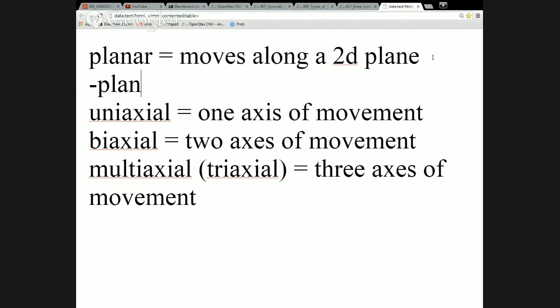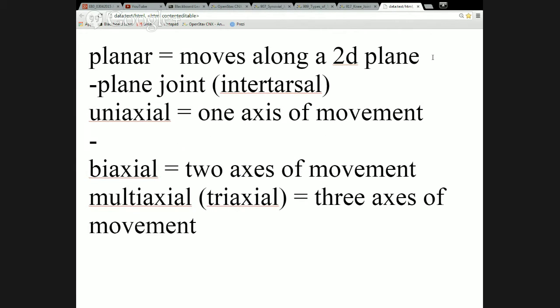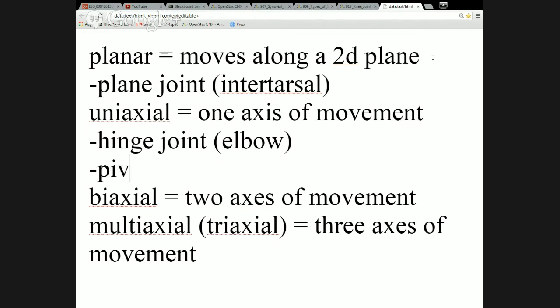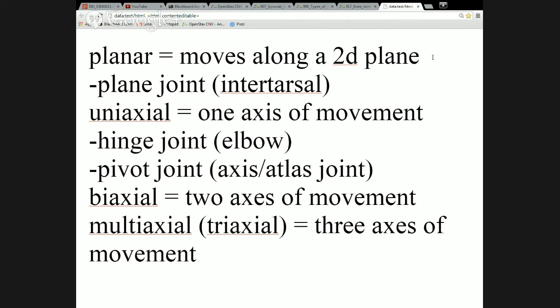the different groups. The plane joint, which was the intertarsal joint. The uniaxial joints, which were the hinge joint, like at the elbow, and the pivot joint, like at the axis atlas joint, which is not really the best way to name that, but that's what I'm going to stick with there.